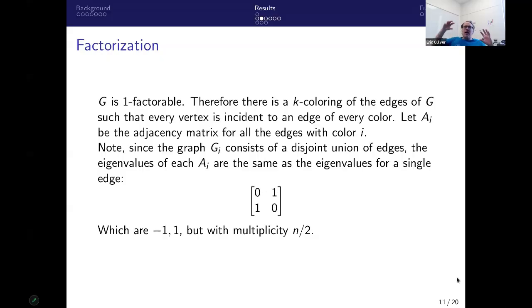And so they're going to have the eigenvalues -1 and 1, each one of them with multiplicity n/2, because that's how many edges each one is going to have.